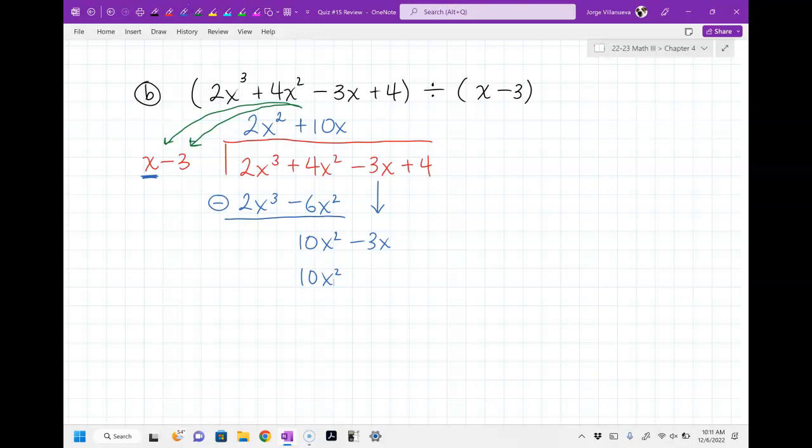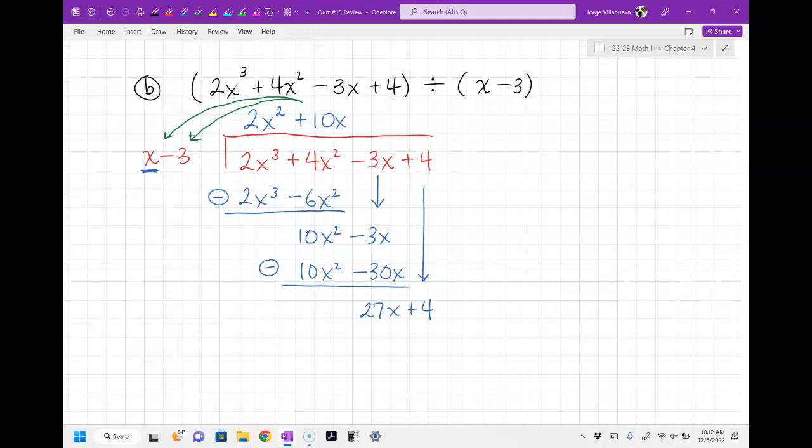And 10x times negative 3 is negative 30x. And we're going to subtract. All right, 10x squared minus 10x squared is 0. Negative 3x minus negative 30x, that's going to come out to 27x. And let's drop this 4.